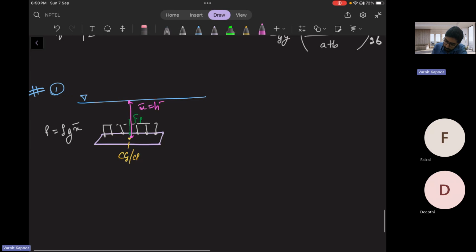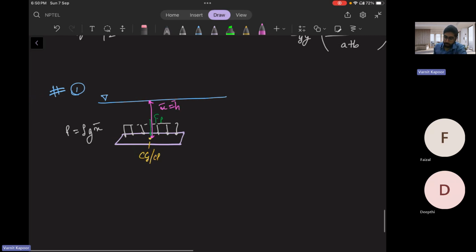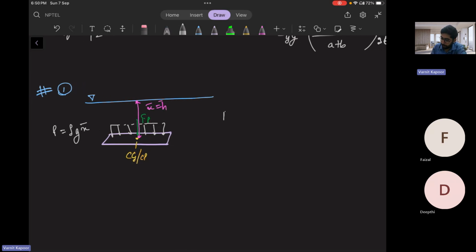X bar is equal to h bar. Okay, so Fp will be how much? Pressure into area. What is pressure? Rho g x bar into area, that is rho g A x bar only. Okay, this is your Fp.